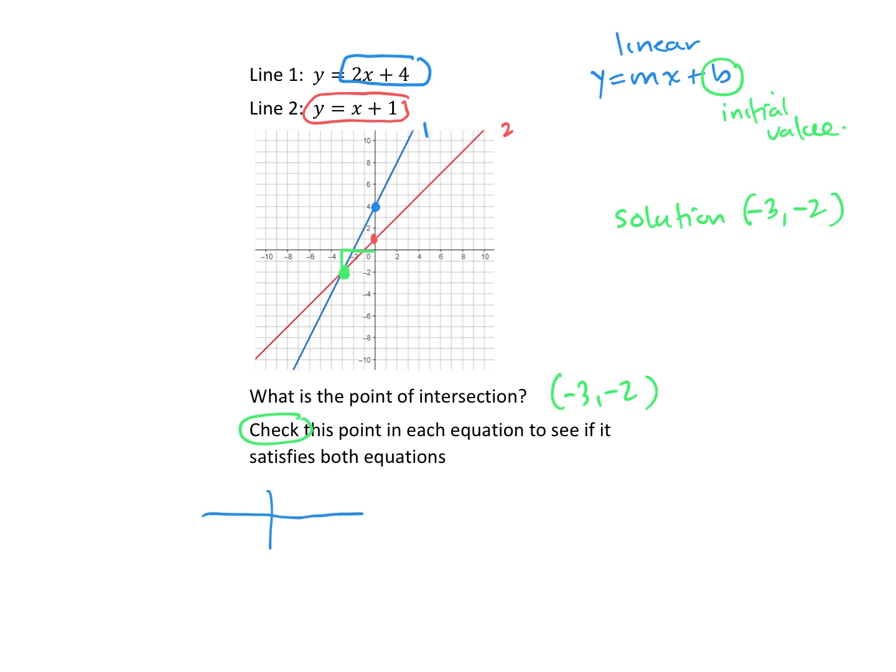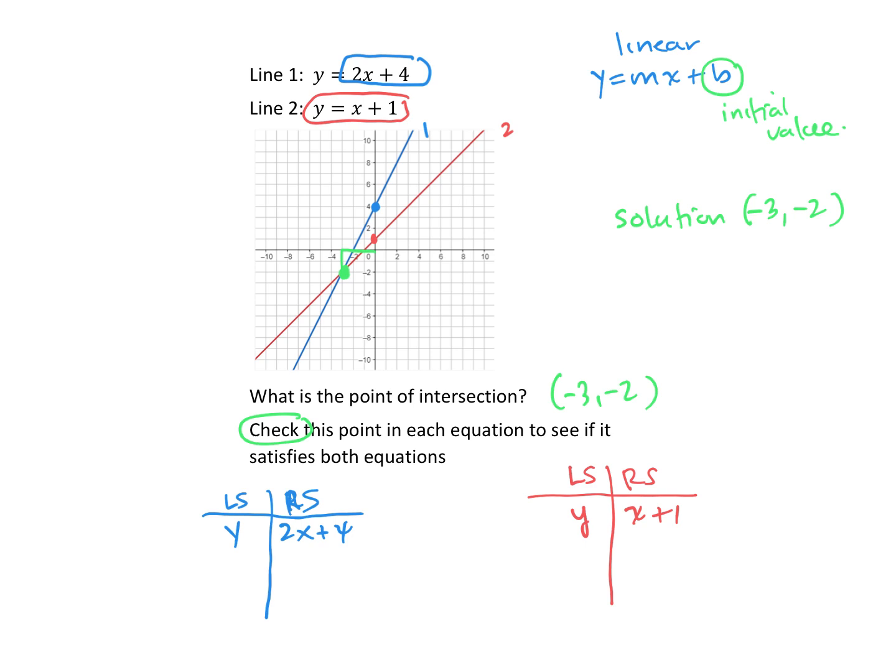I'm going to check it in the first equation, which is y = 2x + 4. Remember, when we check, we don't put an equal sign, because we are trying to find out if they are equal. So this is sort of your first introduction to proofs. And then the second equation was y = x + 1.